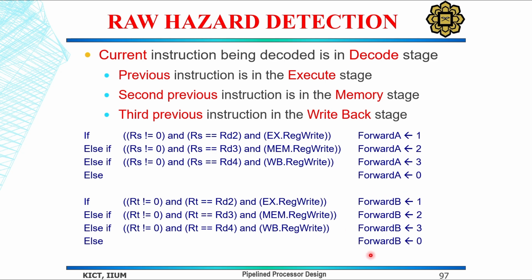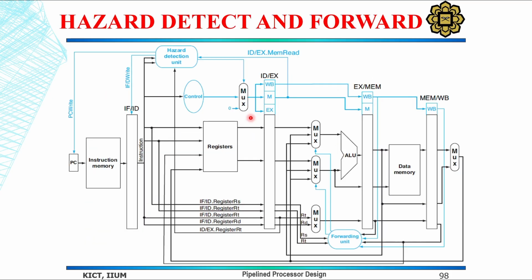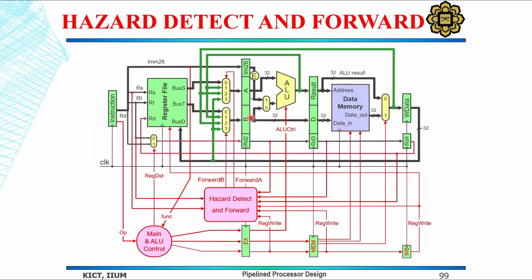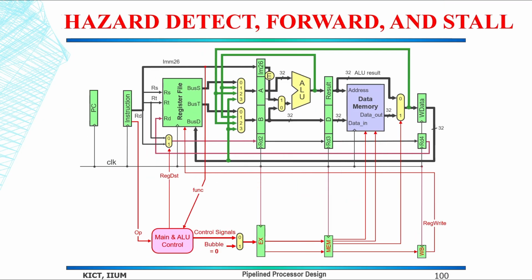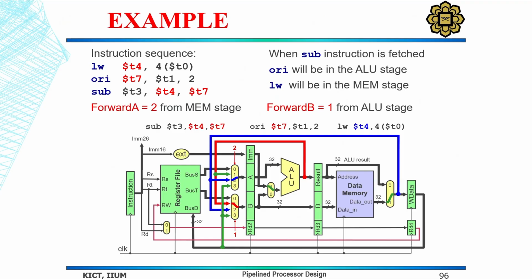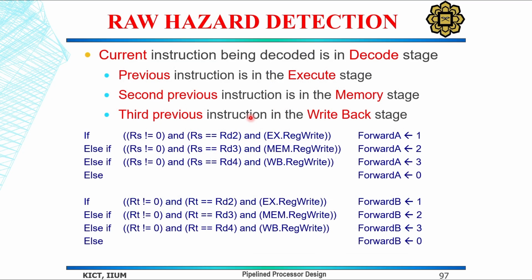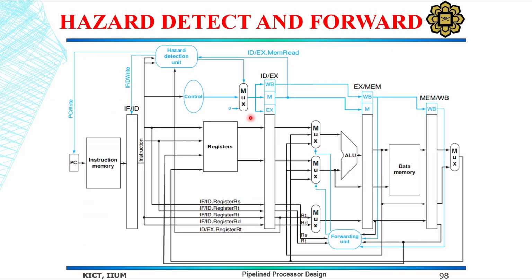You can read it with reference to the table we have seen, to see what the value of forward A or forward B should be. Here is how it detects the hazard.